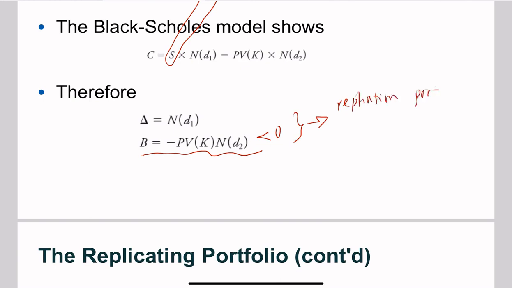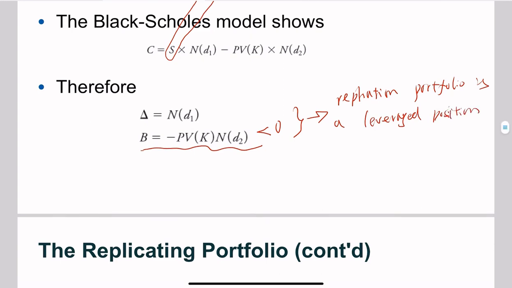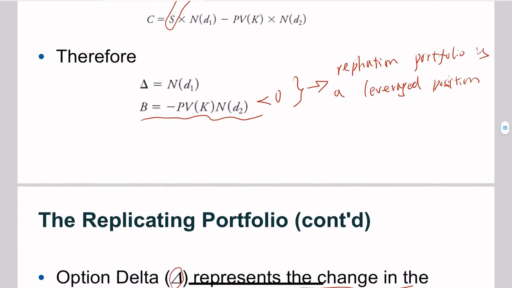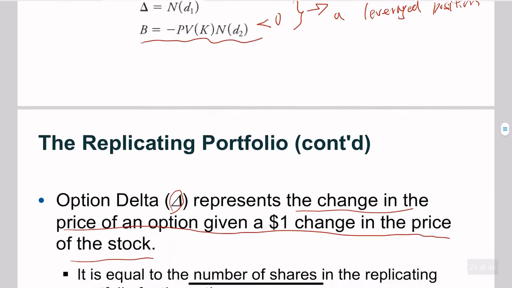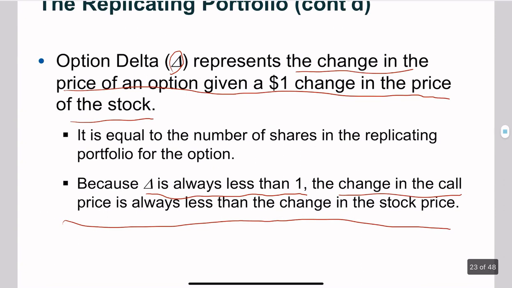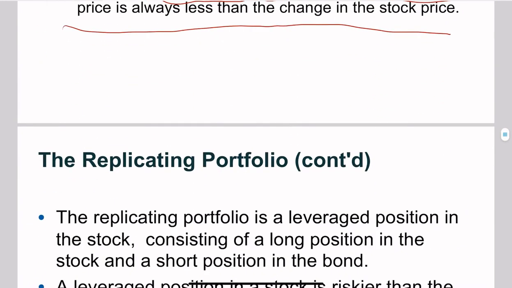So ultimately, this implies the replicating portfolio is a leveraged position, because you're using leverage to buy equity. And we know one thing, that leverage will always increase your risk. So if a call option can be considered as a leveraged position in equity, this implies the call is riskier than equity.